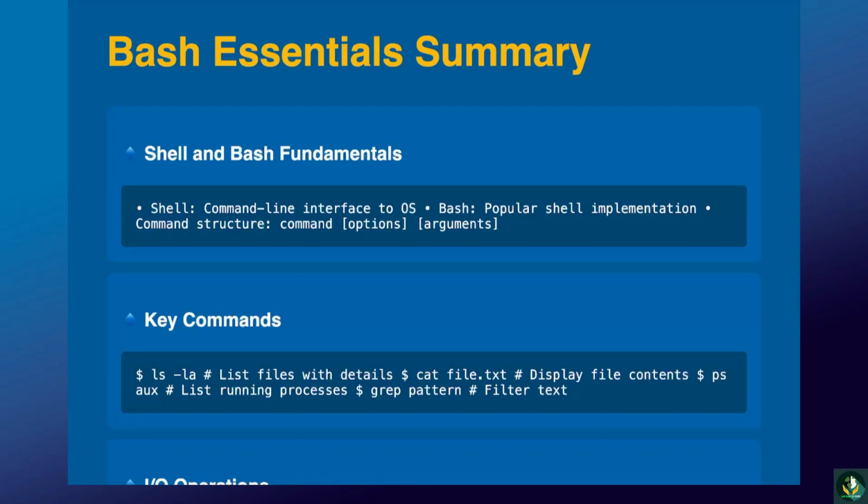In this module, we've covered several key commands for daily operations. Initially, commands like ls, which help manage files and directories, followed by cat and ps, which provide file content viewing and process management capabilities.